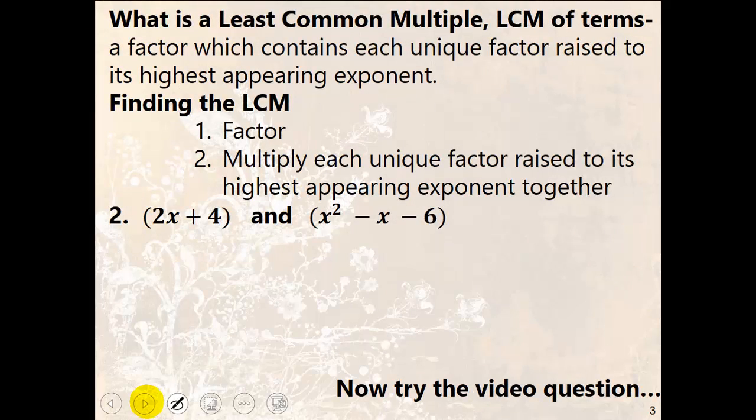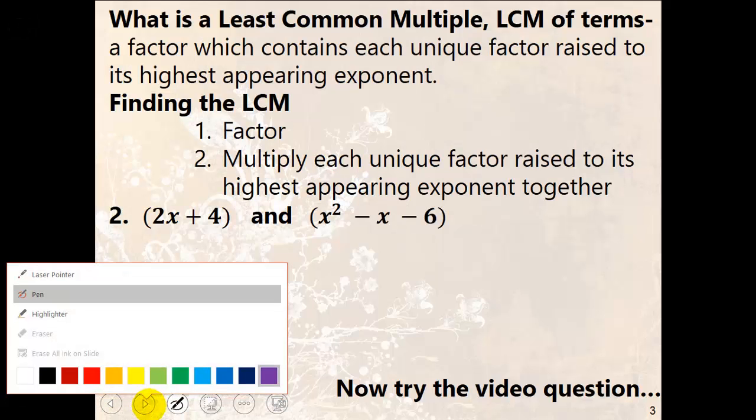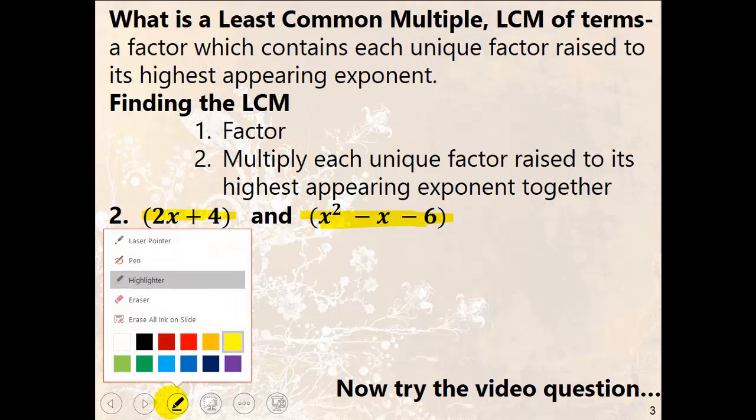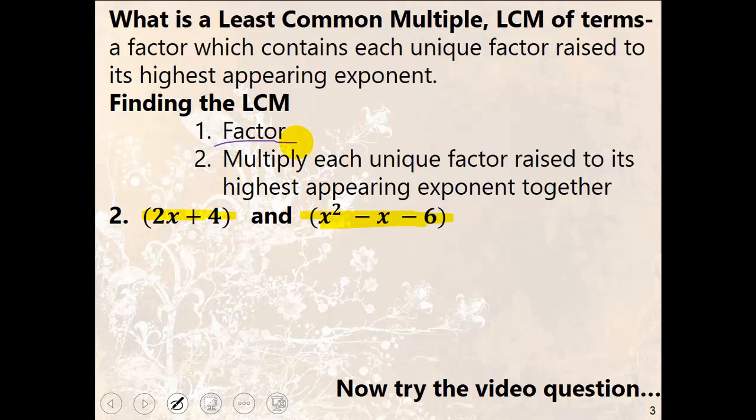All right, we're going to find the least common multiple between 2x plus 4 and x squared minus x minus 6. So the first thing we want to do is factor. So this is 2 times x plus 2, and this is x minus 3, x plus 2. Now I want to look for every unique factor.